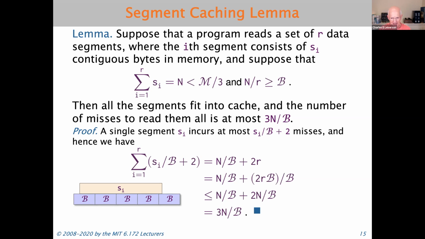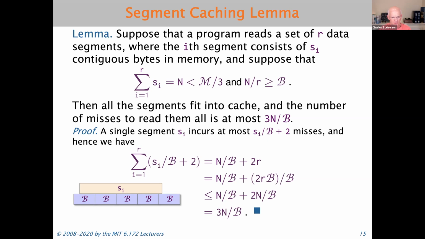Let's just add up the cache misses for all the segments. The sum of the S_i is just n. So we have n over B plus, adding up 2 from i equals 1 to r, that's just 2r. So we have n over B plus 2r. Now let's multiply the second term by B over B. We end up with 2rB in the numerator and B in the denominator.